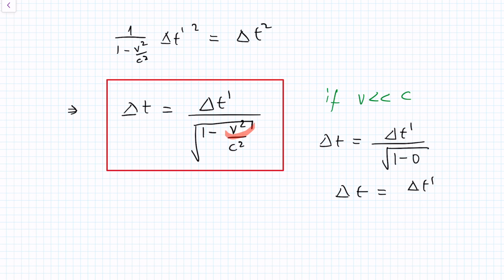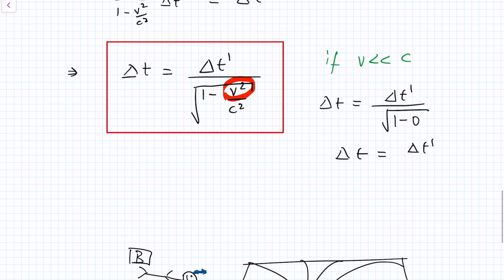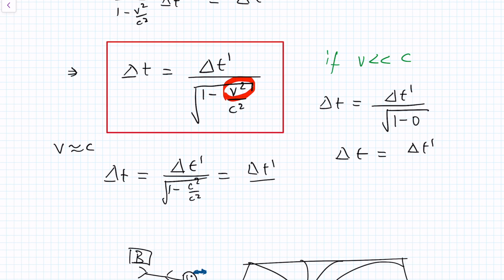When the velocity of the reference frame is really fast, if v is approximately c, you have Δt' over the square root of 1 minus approximately c squared over c squared, that's Δt' over approximately 0.